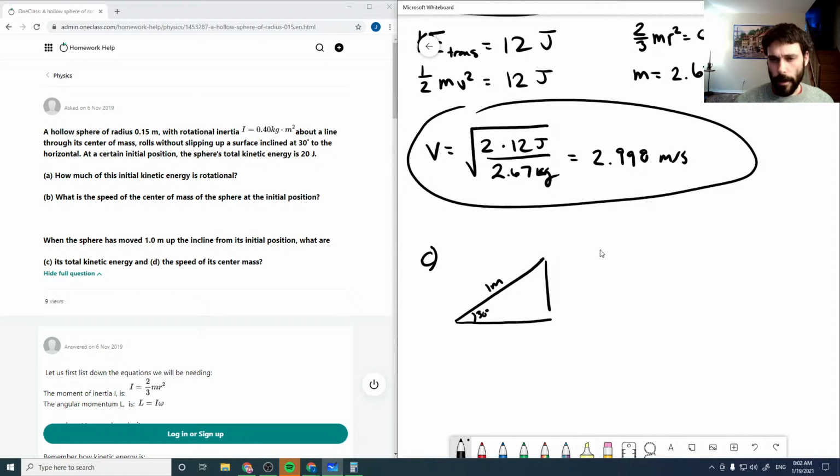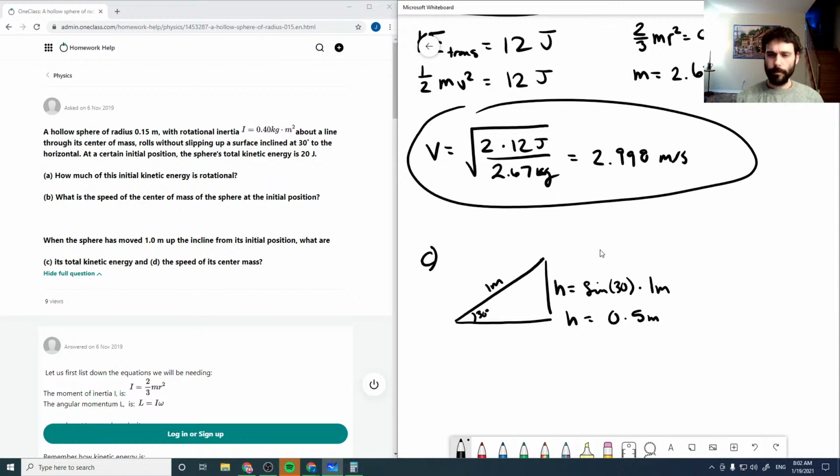And so then our height here is just sine 30 times our 1 meter, or our height is 0.5 meters.